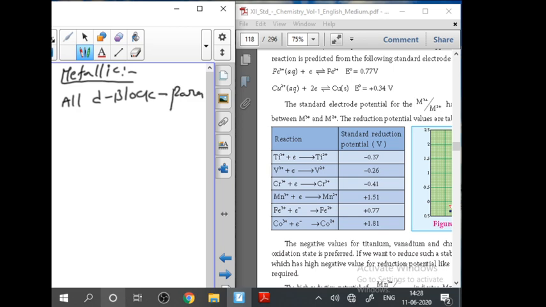The reason why all the d block elements are paramagnetic is due to unpaired d electrons. Due to unpaired d electrons, they can show the magnetic property. So you know the electron configuration of all elements in their ground state, right?